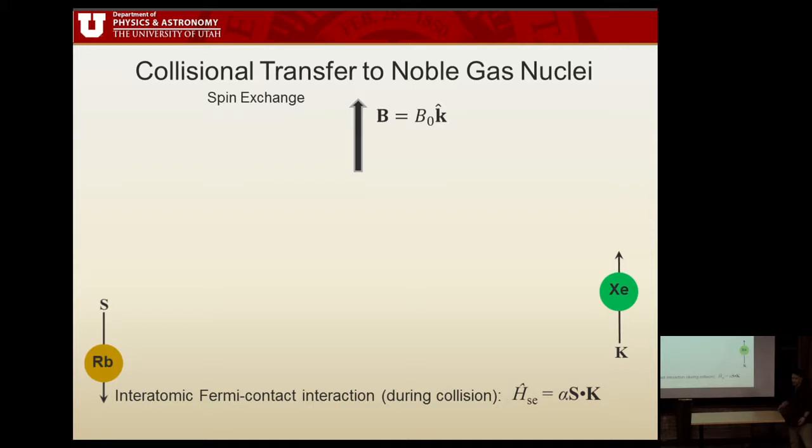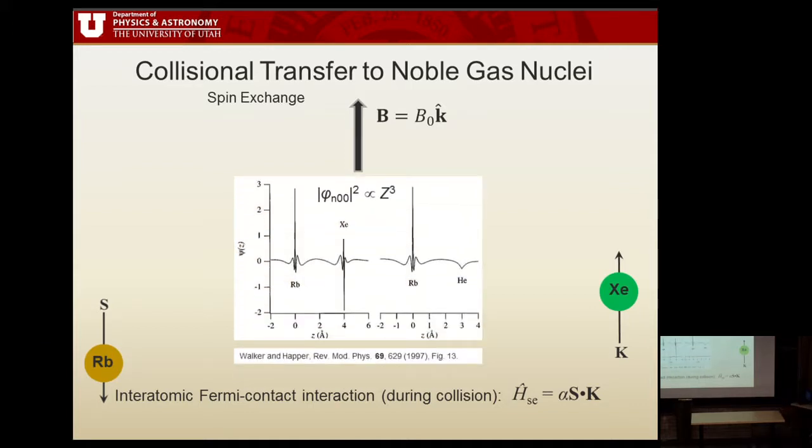And it turns out that it's a process that is very similar. I showed you this business of the inner core electrons. The same thing happens during the collision, except now that rubidium is encountering a spherically symmetric core of electrons around a noble gas. And it gets sucked in. It gets sucked in because if it gets a little way in, then suddenly the electron density outside of its radius doesn't contribute anymore to the electric field.